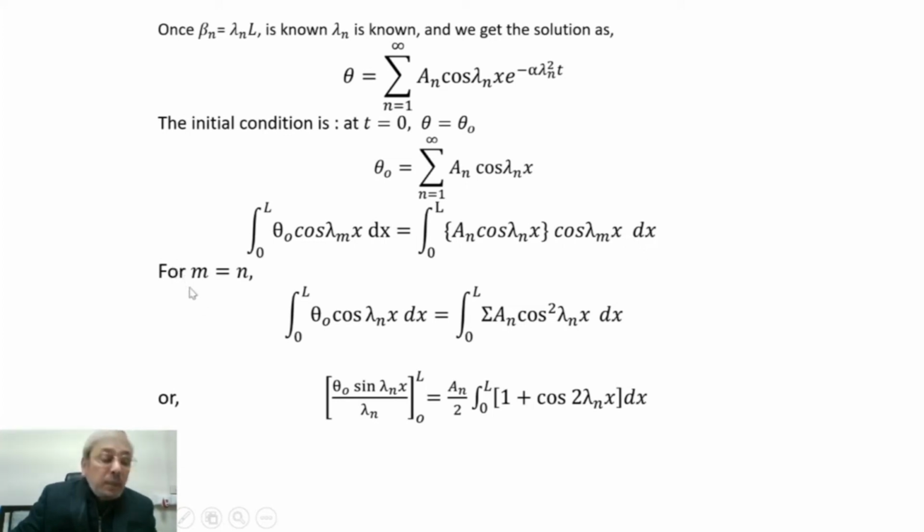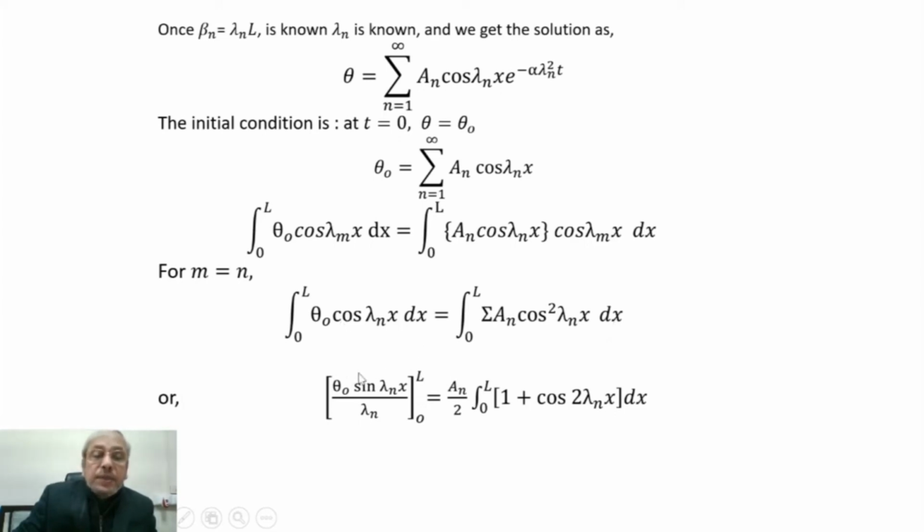And we know the property of orthogonal functions is such that when m equal to n, only then it will have a non-zero value. Otherwise, when m not equal to n, this will produce 0. So we can write integral 0 to L theta naught cos lambda n x dx, when m equal to n, equals integral 0 to L summation a n cos square lambda n x dx.